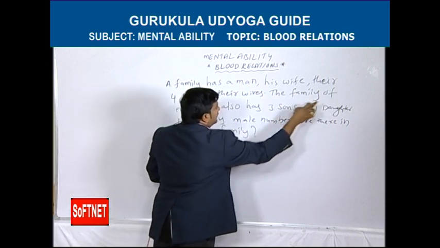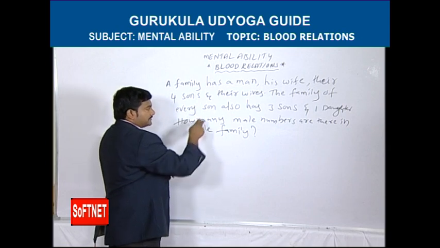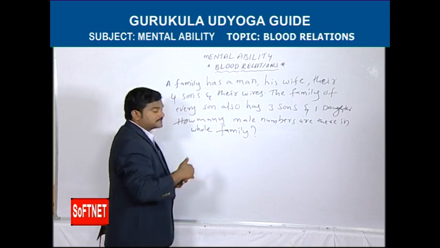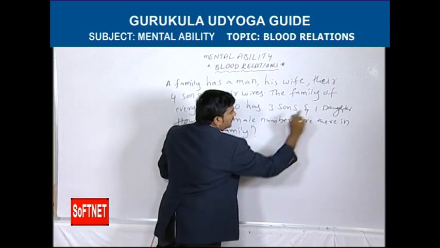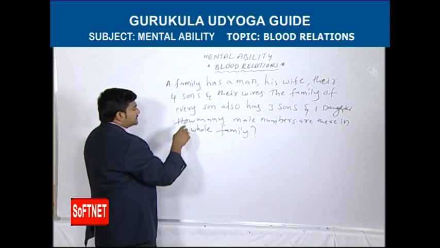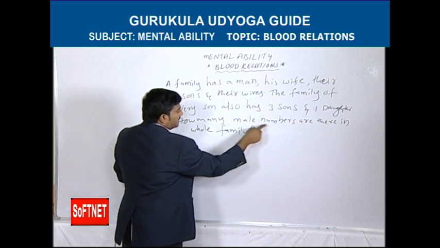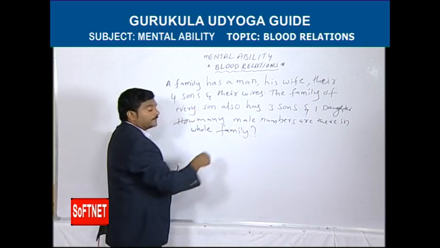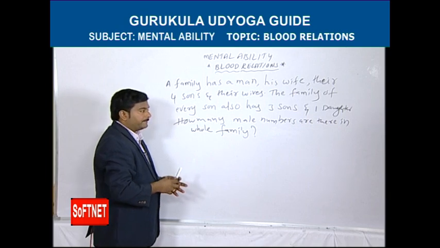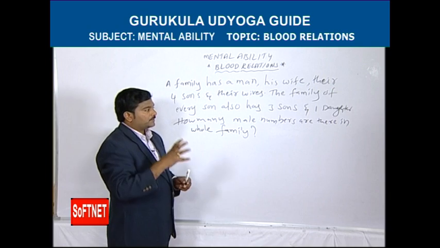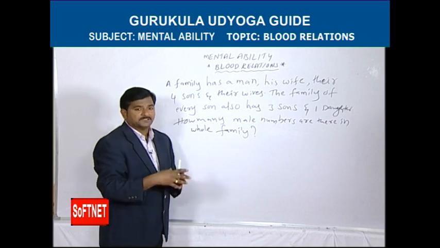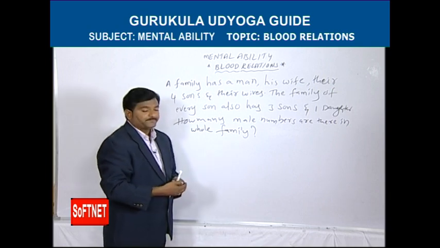The family of every son also has three sons and one daughter. Now question is, how many male members are there in the whole family? So it's a simple logical question. You need not apply any kind of relation, it is simply a logical question.